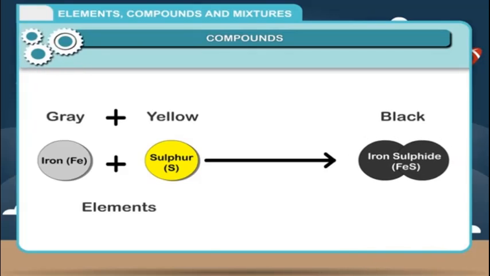Black, iron sulfide, FeS. Compound. If you look at the table showing symbols of elements, you will find that symbol of iron is Fe and sulfur is S. Hence, the formula of iron sulfide is FeS.